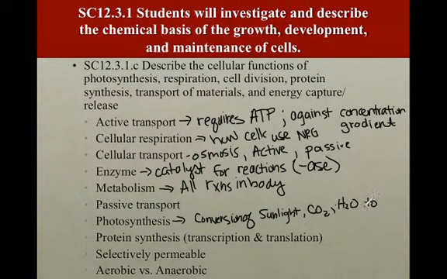H2O. Conversion of sunlight, carbon dioxide, and water to O2 and glucose. And that's the chemical energy that they talk about, because the energy is stored in those bonds. And then when animals use the glucose, they break up the bonds to produce ATP.